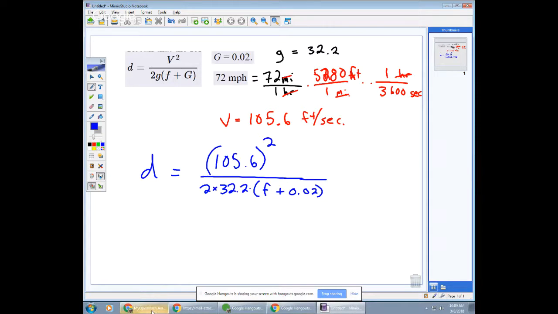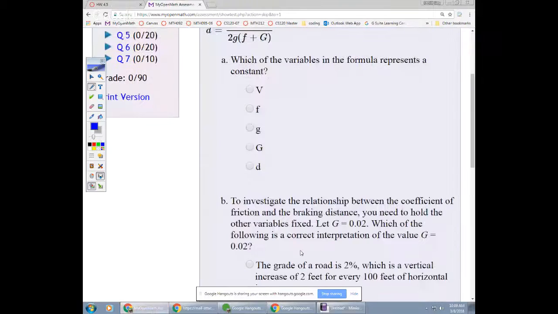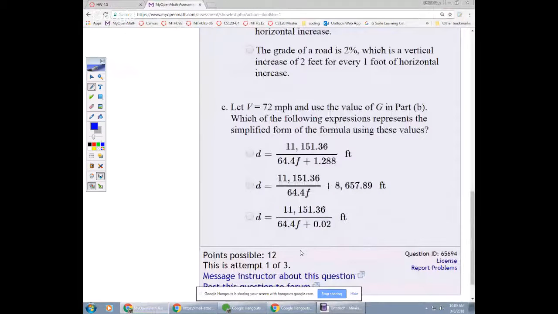How much do they want us to clean it up? Back here, they gave these right here. I'm guessing this one's the right one. It can't be a plus outside the fraction, and we have to have parentheses around the F plus 0.02. But here it could have been distributed, that 64.4 could have been distributed through. So double checking that.